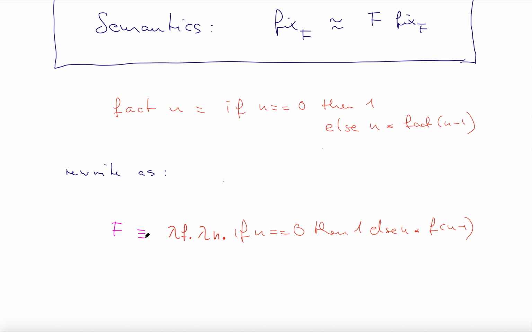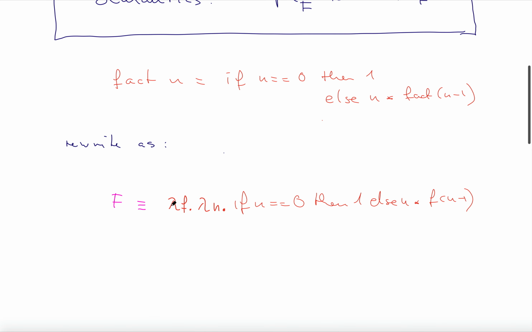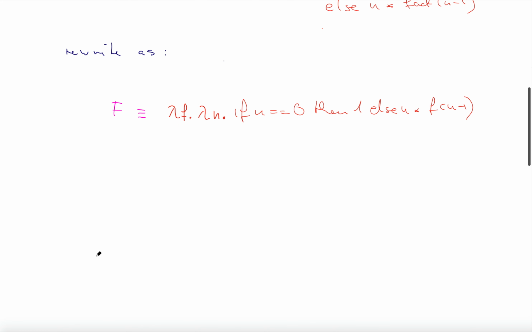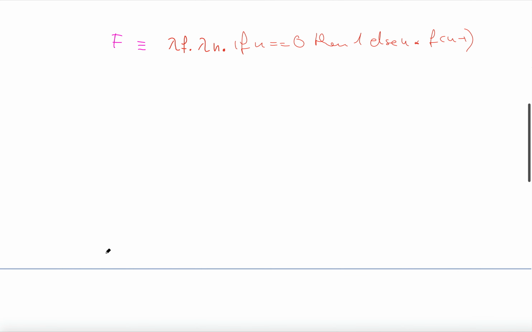And now let's see how this plays out if you want to compute something. We want to at least test the case n equals 0, and also the case where n is not 0. So the easiest example here, I guess, is factorial of 1. And remember now that the factorial function really is the fixed point of f.